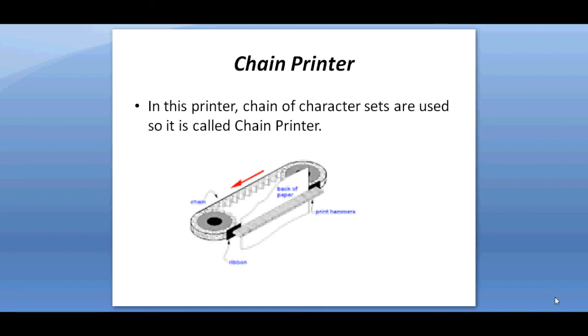An impression of the character is left on the page. The chain keeps rotating until all the required print positions on the line have been filled. Then the page moves up to print the next line. The speed of chain printers ranges from 400 to 2000 characters per second.